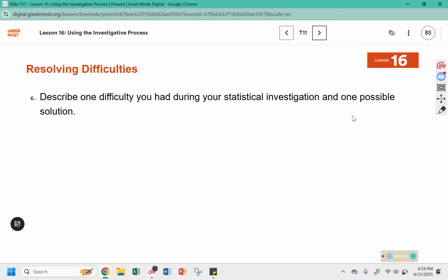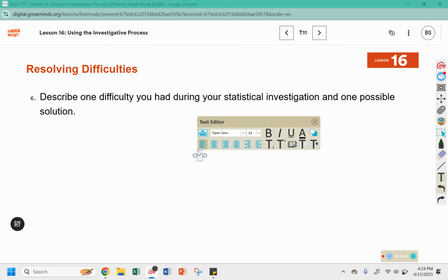It says describe one difficulty you had during your statistical investigation and one possible solution. The difficulty I had was that the scatter plot did not line up with my expectation.